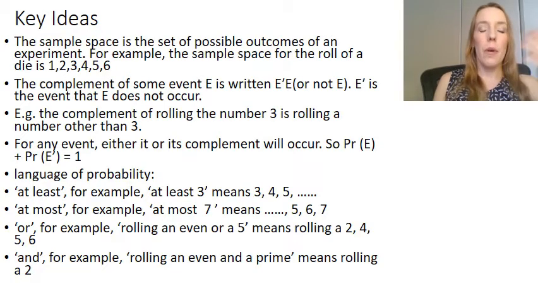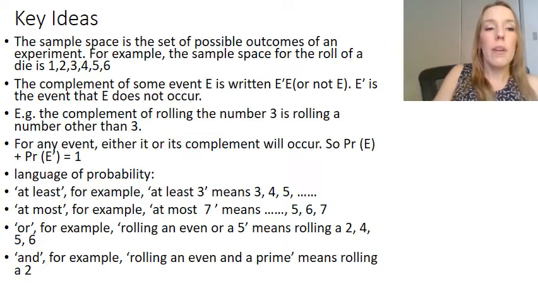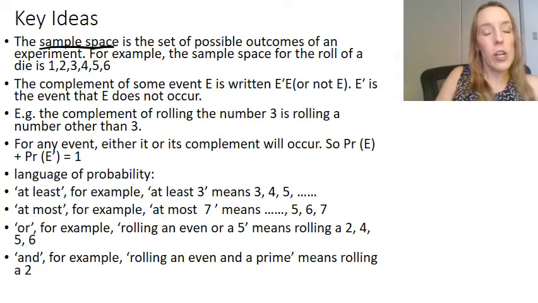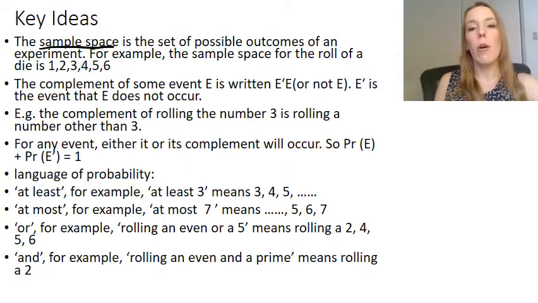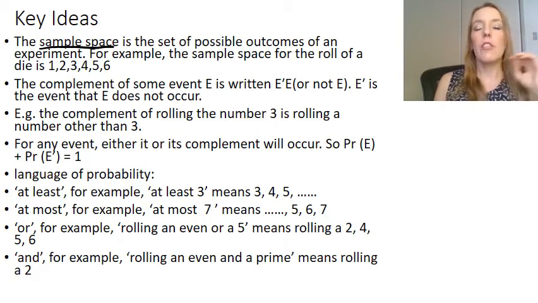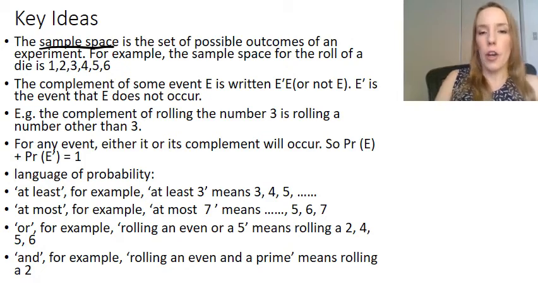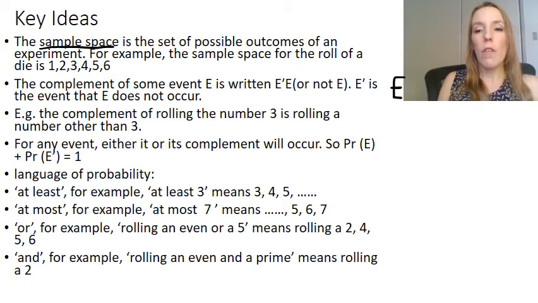Okay, so a few more key terms. Sometimes we read this thing called a sample space. A sample space is the set of possible outcomes of an experiment. For instance, if you were to roll a dice, the sample space would be 1, 2, 3, 4, 5, or 6. That would be all your possible outcomes. Then the complement of some event: if your event is E, the complement of that event is written with E and a little dash above it.